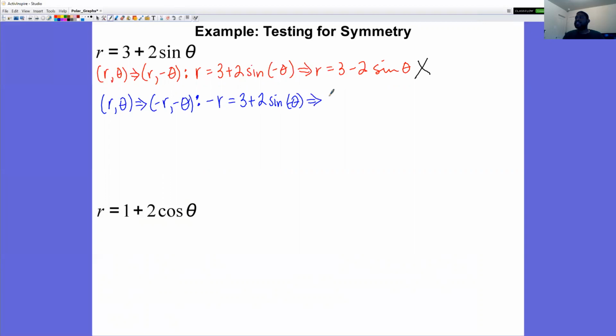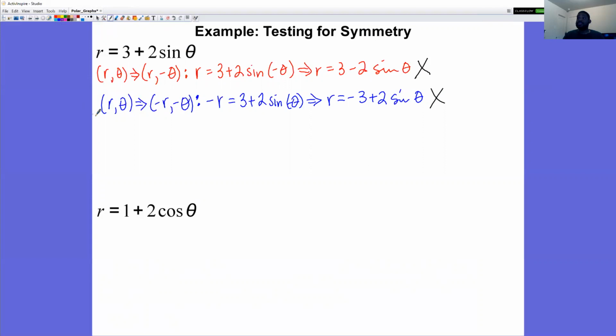And when I simplify that, I get r equals negative 3, and then this will become negative 2 sine theta, but when I divide by the negative, it turns back positive. And you check r against the original equation, and it does not match. So it does not have symmetry with respect to the line theta equals pi over 2.